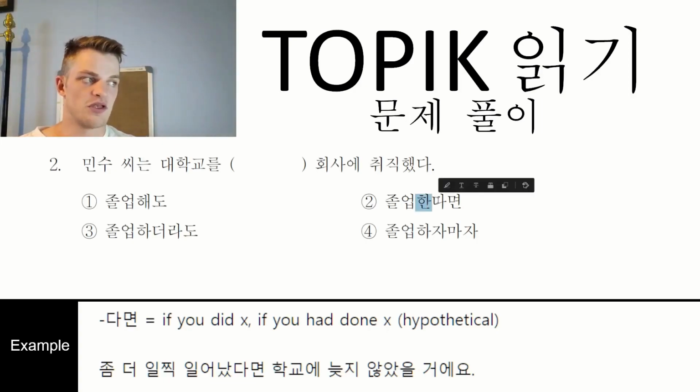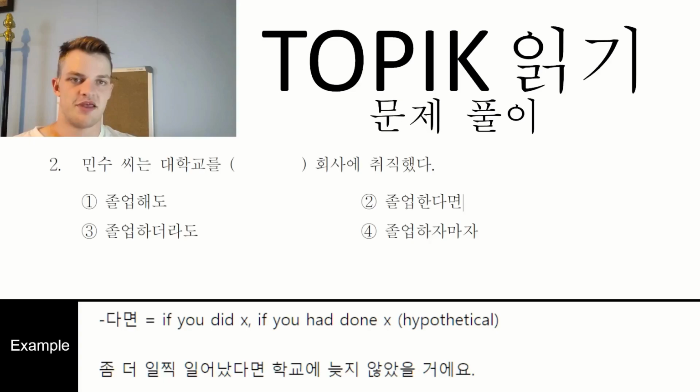For now, just know that 한다면 is the plain form with 다면 on the end. 다면 means if, but it's a bit more hypothetical than just having 면. So if we say 졸업하면, this means if you graduate. But 졸업한다면 is a bit more like in the case that you graduate, or let's say you graduate, or if you graduate, in a more hypothetical way.